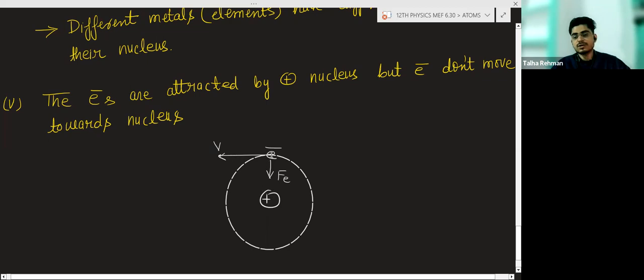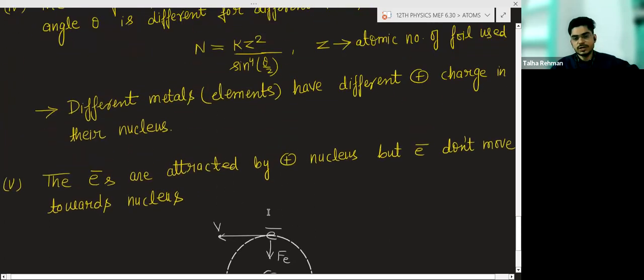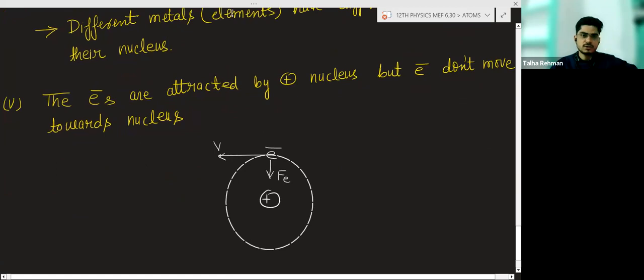This electron is experiencing some electric force, and yet it is not moving towards the nucleus. It means that this electron should move in a circular path.